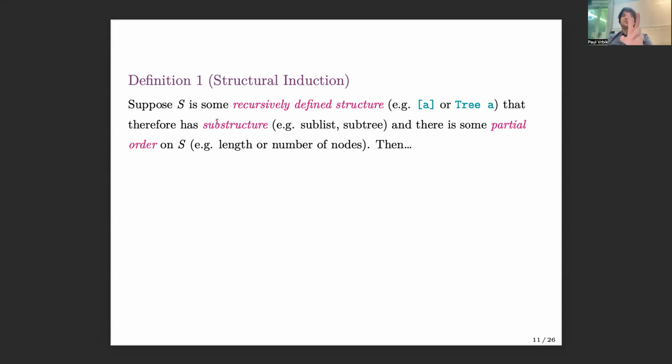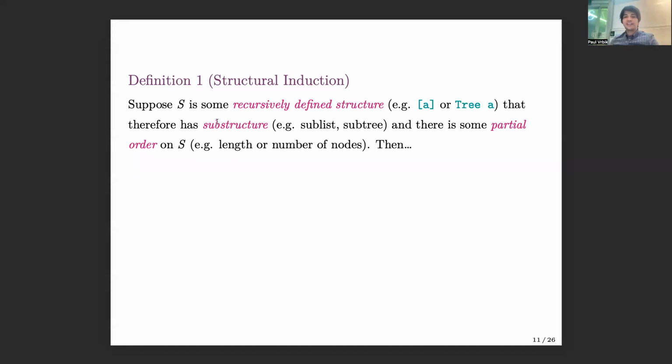Like the list of length 2 is less than the list of length 3, and equal in order to all of the lists of length 2. It's sort of like a lattice instead of a list. So you have all the lists of length 0, then all of the lists of length 1 and length 2.